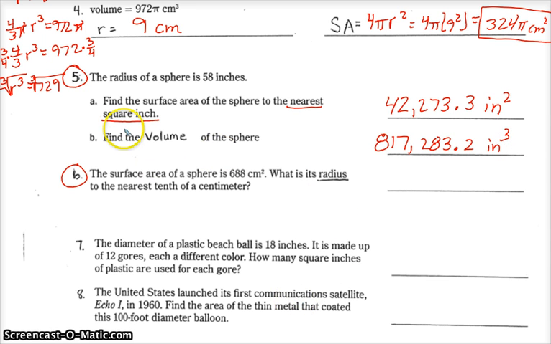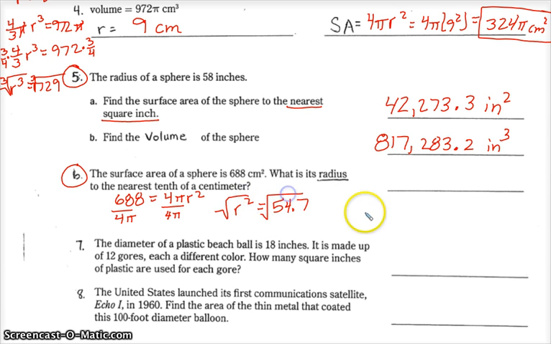For question number 6, when you're finding the surface area, remember it's 688 equals 4 pi times the radius squared. Divide both sides by 4 pi. So r squared is equal to 54.7. I take the square root of both sides. So your radius should have been equal to about 7.4 centimeters.